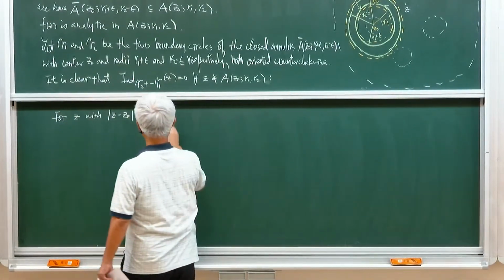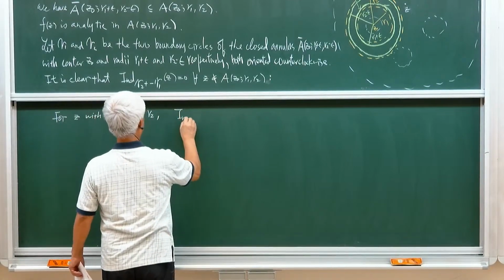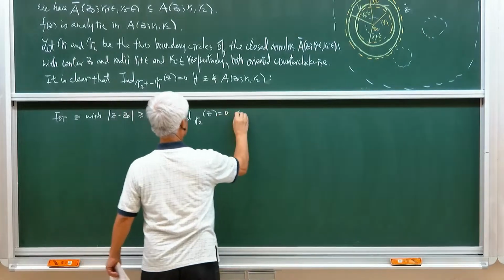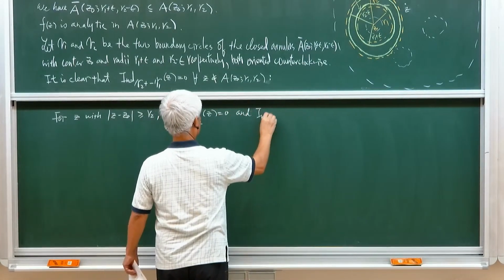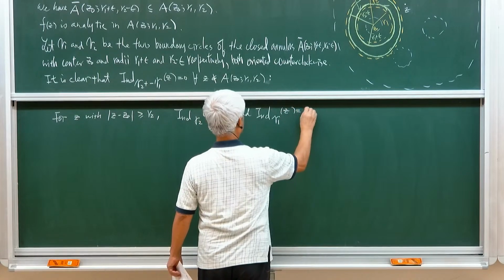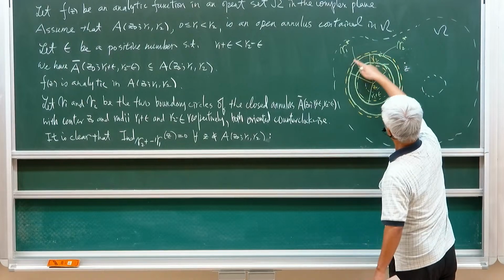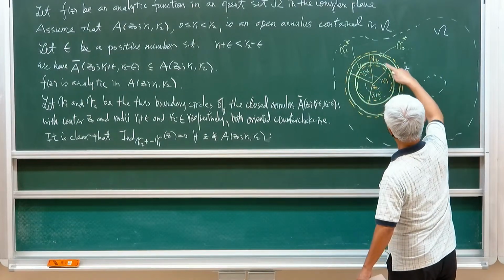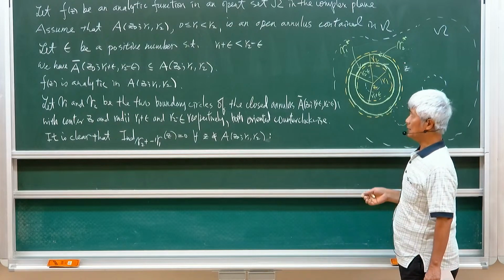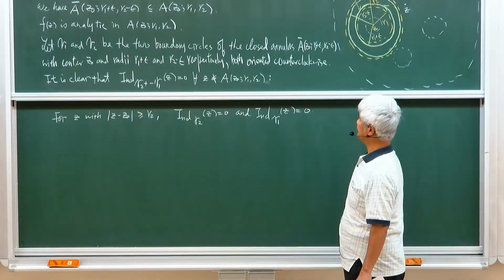In this case, the index of gamma 2 at z is equal to 0, and the index of gamma 1 at z is also equal to 0, because the two circles do not enclose z at all. So their index will be 0.